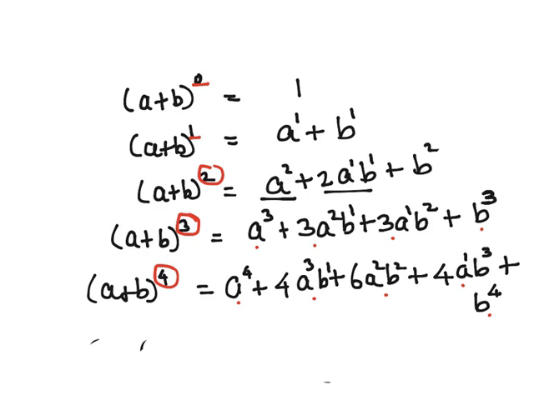If you take this term, the degree is 2, and if you take the second term, again the degree is 2, that is 1 plus 1. You add the powers, that will give you the degree. I'm taking one term at a time.